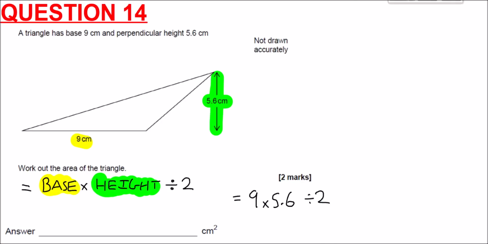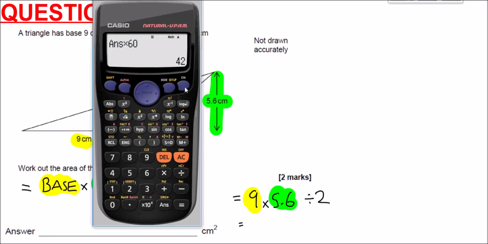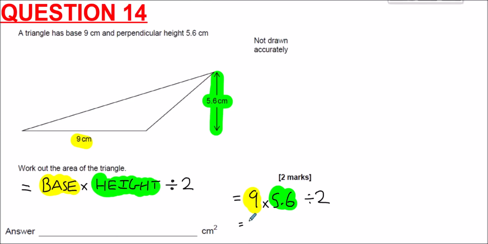If we whack this into our calculator, we'll get the answer easily enough. So 9 times 5.6 divided by 2 gives us 25.2 centimetres squared. And that's the area of this triangle.